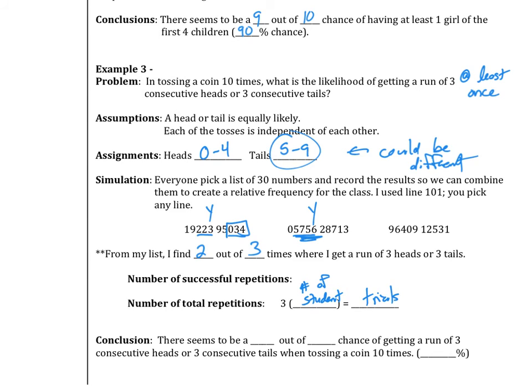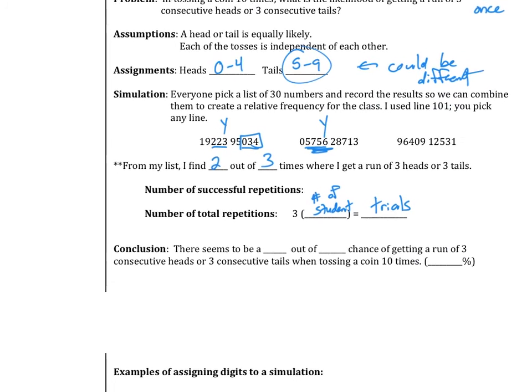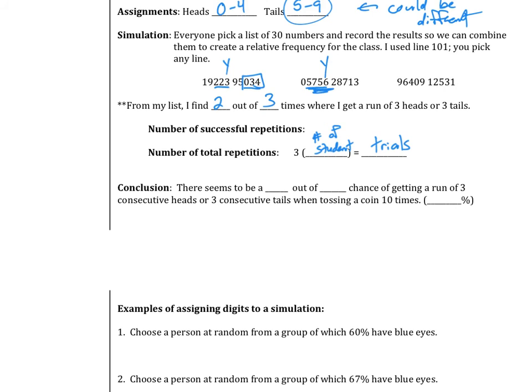Like I said, if we were in school right now, we would each be doing this with our own line on our number chart. So for our conclusion, we would put our number of successes here and our total number of trials here. We don't actually have the calculator because we're not in school to calculate it.